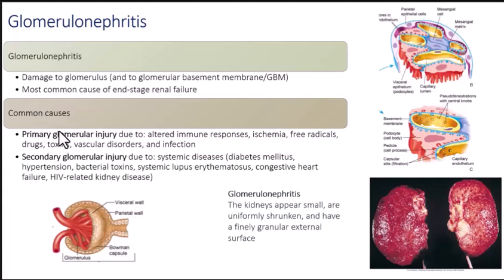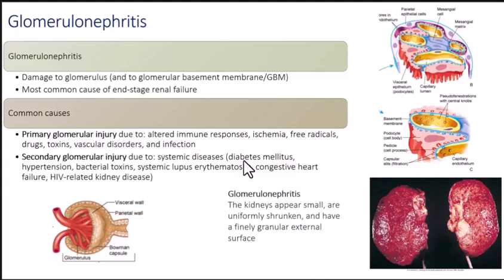Some common causes include, we're looking at both primary and secondary. So primary could be that there's an altered immune response within the body, ischemia, free radical damage, drugs, toxins that are damaging, an infection that causes damage, and a disorder of blood vessels. Some secondary causes that lead to injury of the glomerulus are related to systemic diseases.